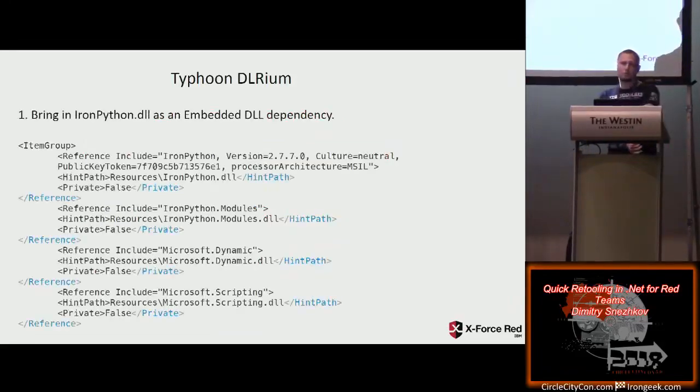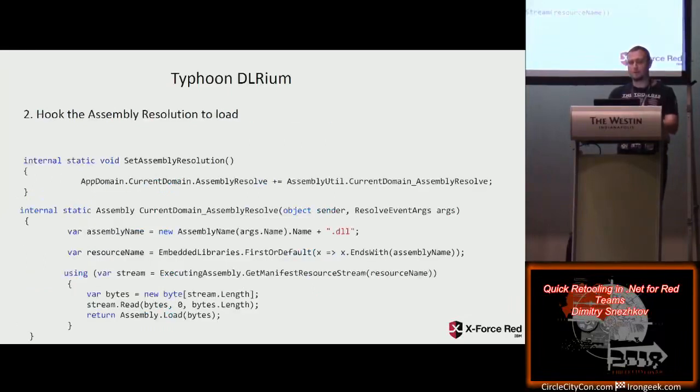Okay, so the first is we can bring the IronPython.dll as an embedded DLL dependency. What that means is that you statically compile a DLL as a resource into Typhoon, and then you hook your assembly resolution for when it tries to find IronPython.dll and say, well, go look in my resources.